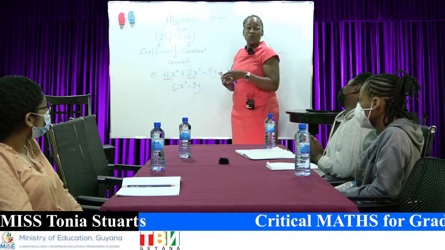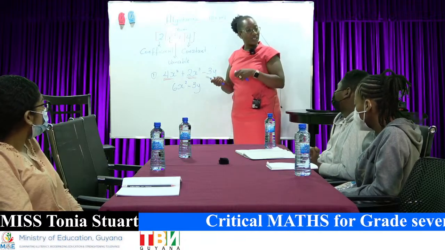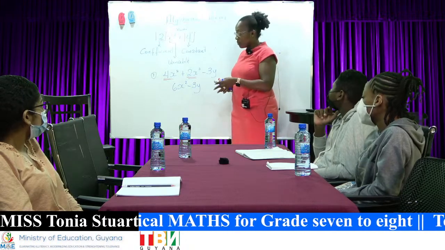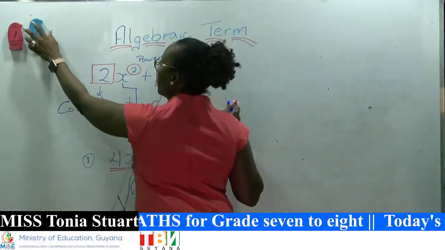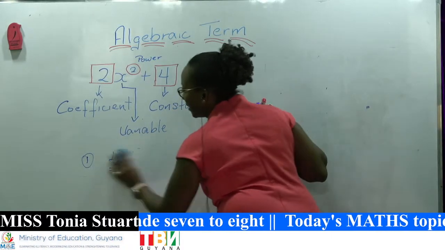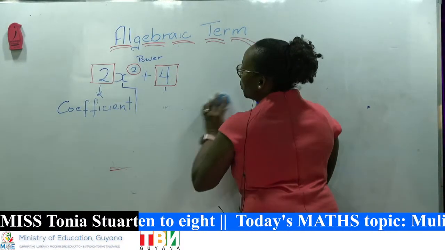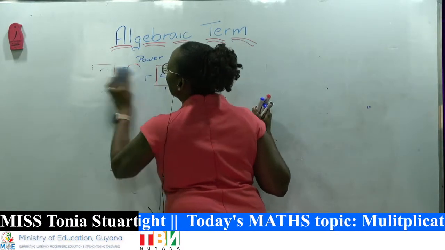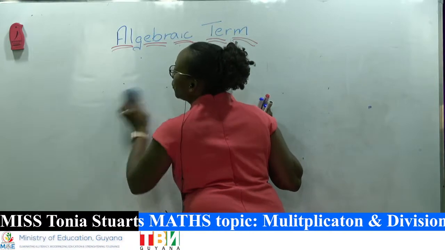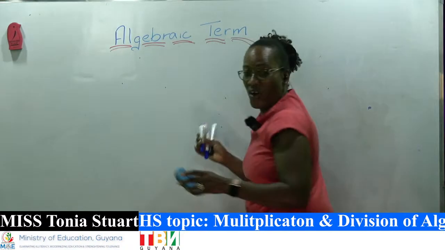So today we're going to be looking at multiplication and division, the other two basic operations that we have. We know what multiplication and division look like, right? Do we know how to multiply or divide basic numbers? Okay, 2 multiplied by 2? 4.